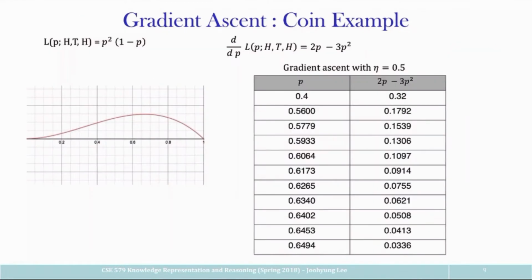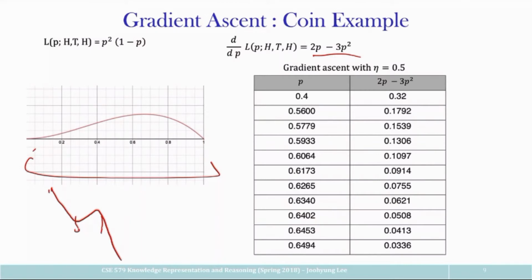Okay? So here is one example of gradient ascent. This is the same function that you see, p squared times 1 minus p. If you draw this function between 0 and 1, it looks like this. So we'll just look at this portion. And of course, the derivative is 2p minus 3p squared. I used Excel to compute this, since it's a simple function you can demonstrate.